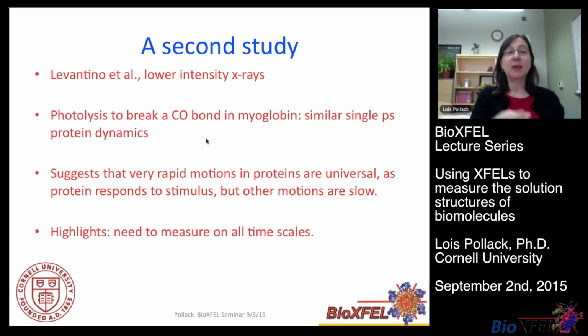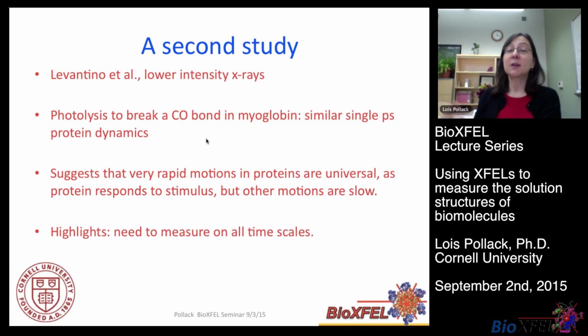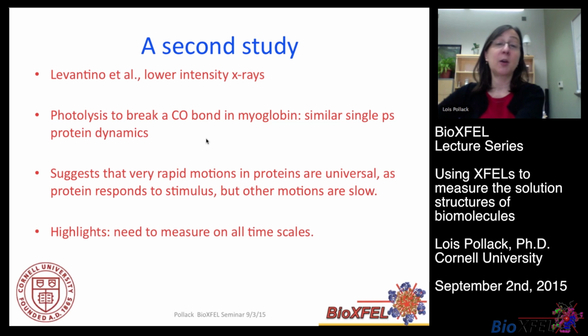And so the conformational change is induced by the arrival of a photon, at a very, very well-defined time. And that causes these rapid motions, but other motions are slow because perhaps they're statistical in nature and involve crossing barriers. But anyway, these two studies taken together really highlight the need to measure on all time scales.